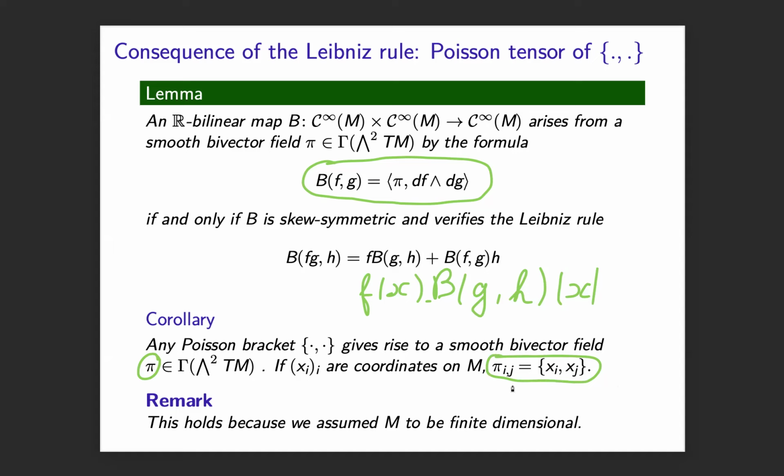Sometimes we will give a Poisson bracket by giving a formula for the Poisson bracket. Sometimes we will just give the bivector, or the components of the bivector in coordinates if we are on a vector space. We will pass from one language to another without any difficulty.